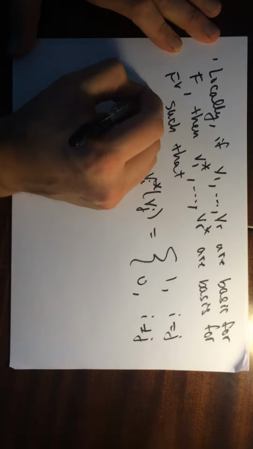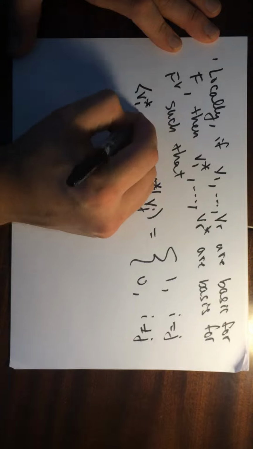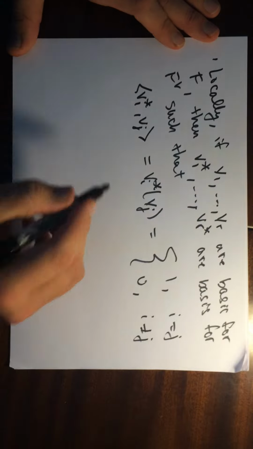In other notations, we will write this as v_i star of v_j.